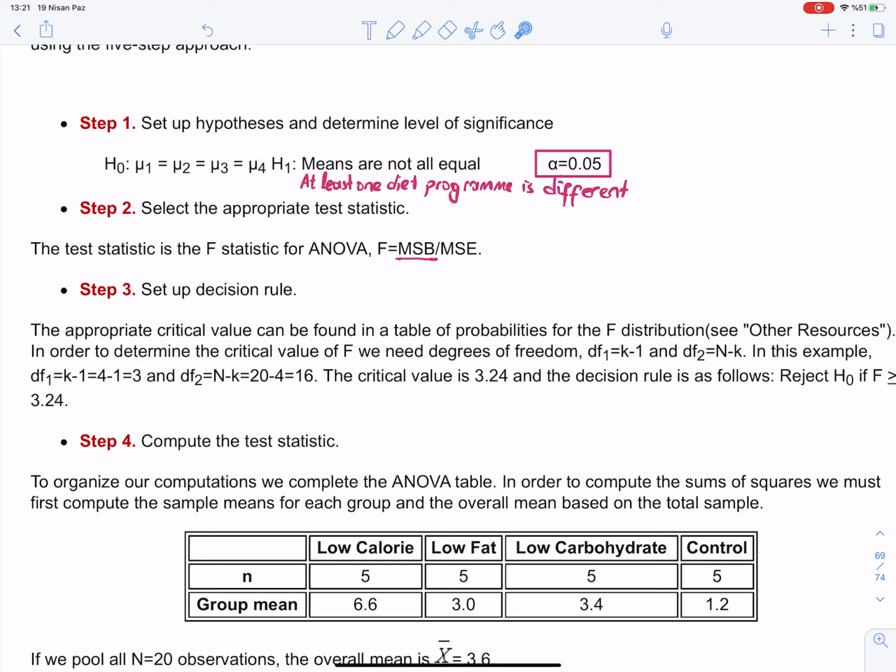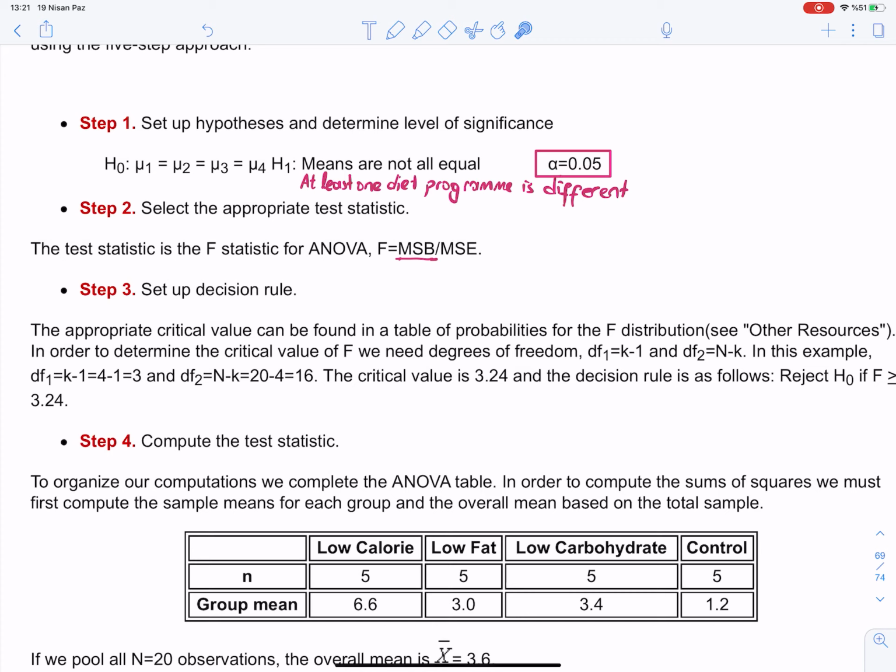The second degree of freedom is for the denominator part of the F statistic, which is the whole number of observations, 20, minus the number of groups or treatments, which is 4. This becomes 16.